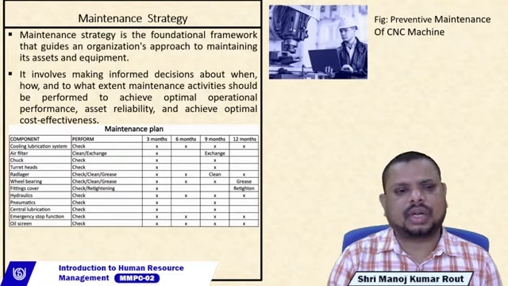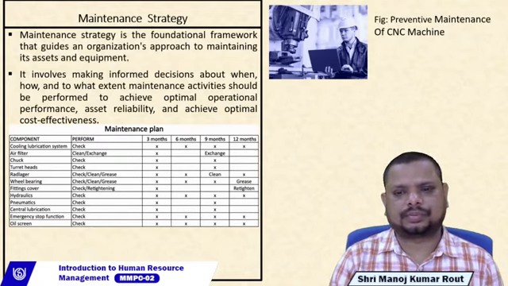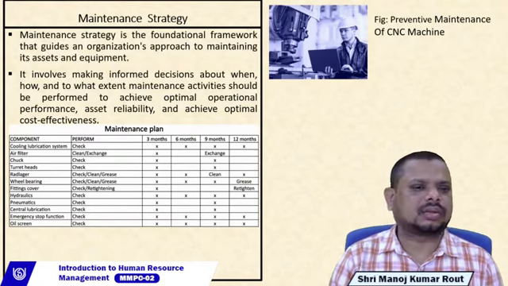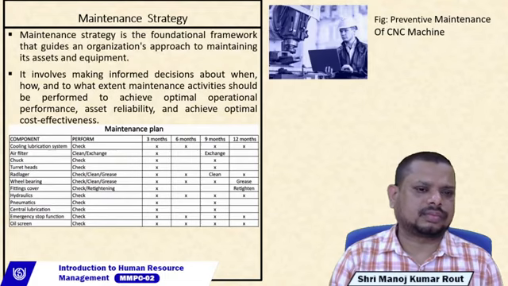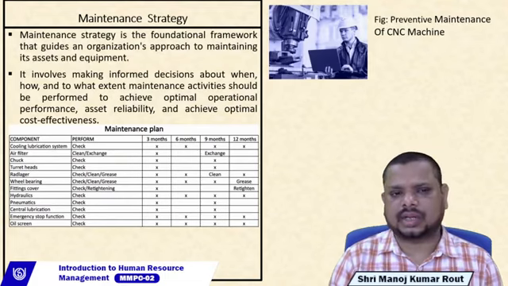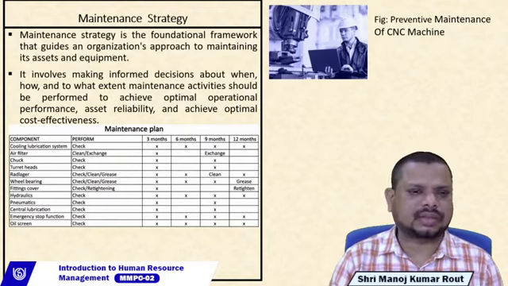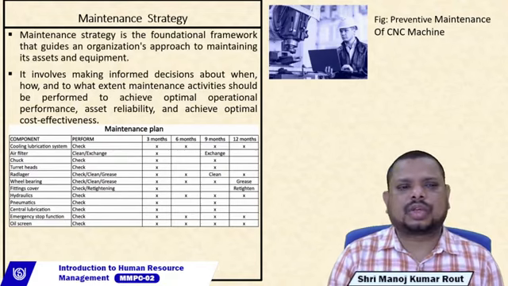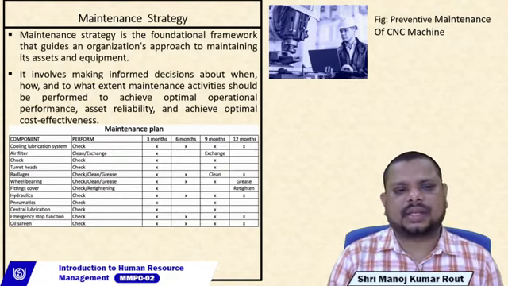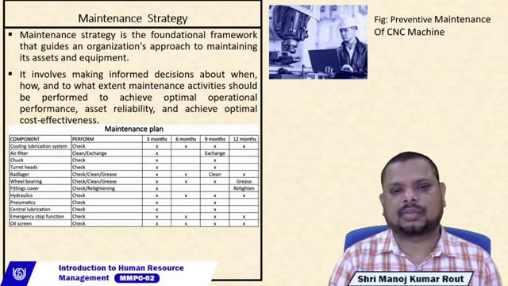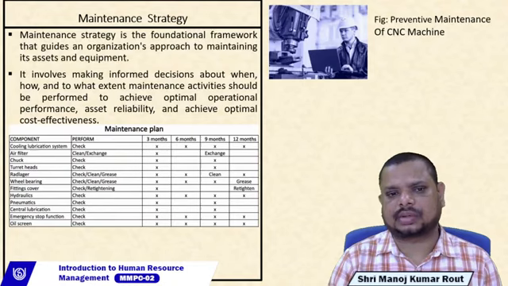If you go to the fundamental concept of strategy, a strategy is a plan of action used to achieve the organization's goals, whether in maintenance, production, or sales. In the mechanical field, maintenance strategy is the foundational framework that guides the organization's approach to maintaining assets and equipment.